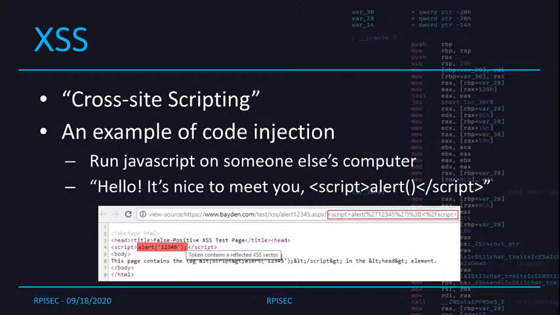Or else you have things like, for example, cross-site scripting, or XSS for short. XSS is an example of code injection into HTML, which allows you to run JavaScript on someone else's computer. It's very easy to imagine a website where it asks the user for their name, and then it prints out a message just greeting them. But what if that person's name has valid HTML in it?